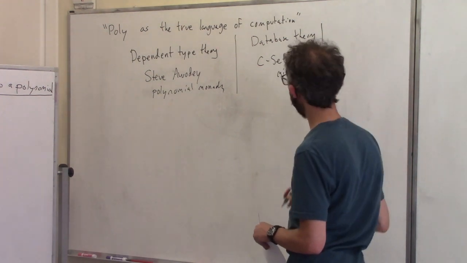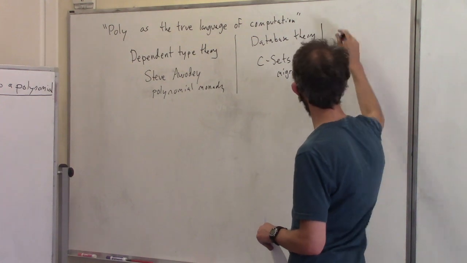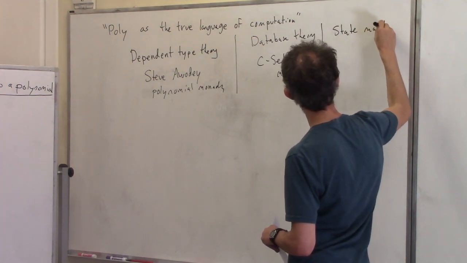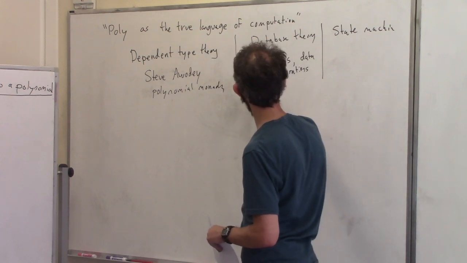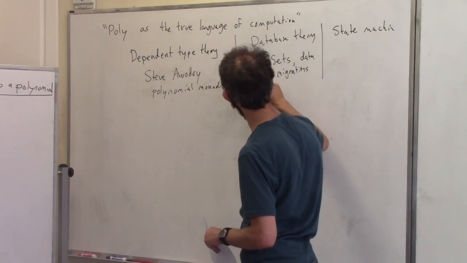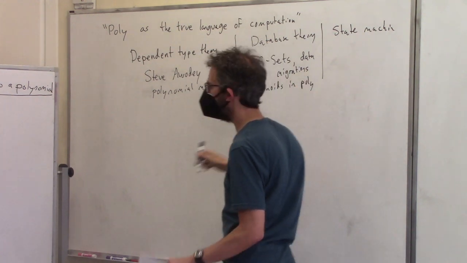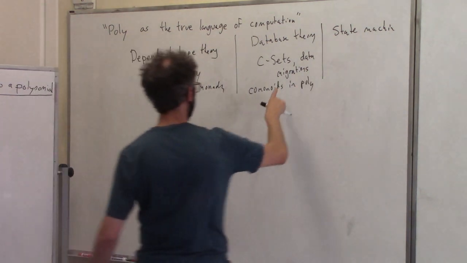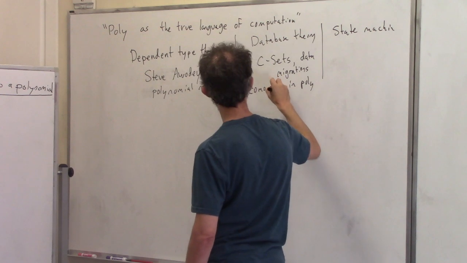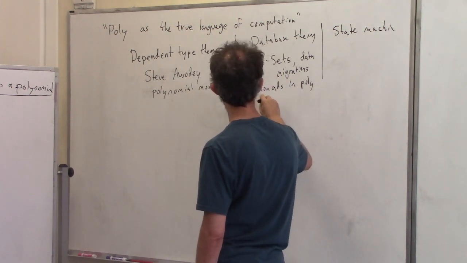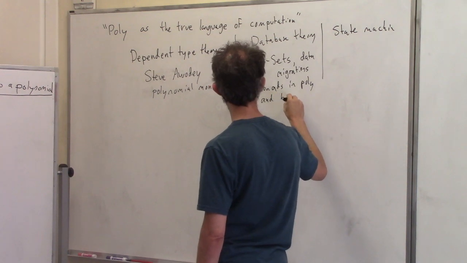And a third major aspect of computation is just state machines, Turing machines. Oh, sorry, these are the comonoids in Poly. And by the way, we'll be talking about polynomial comonads and the bicomodules.